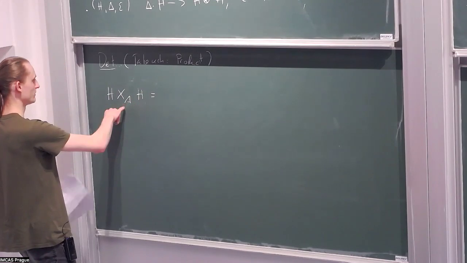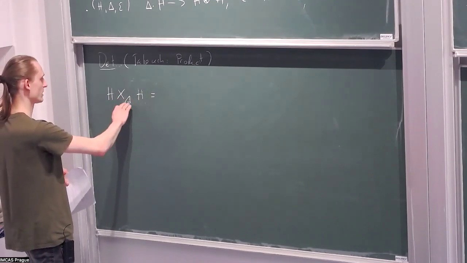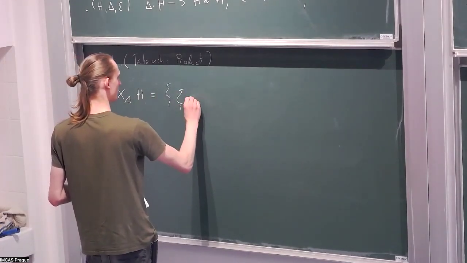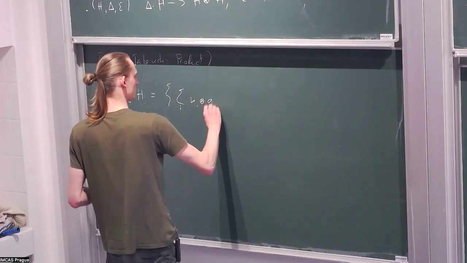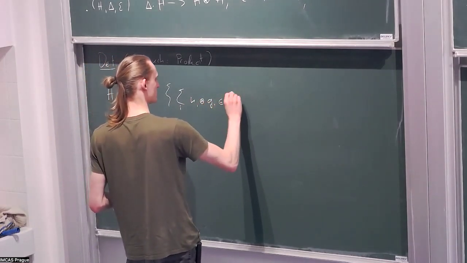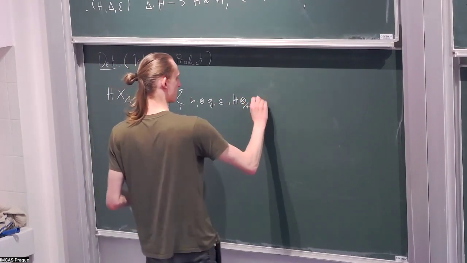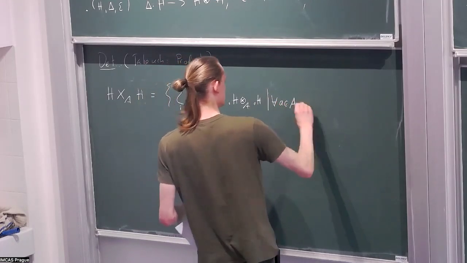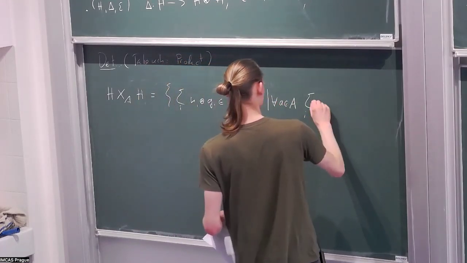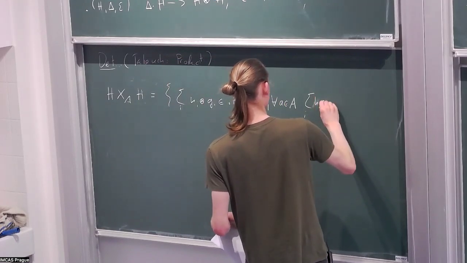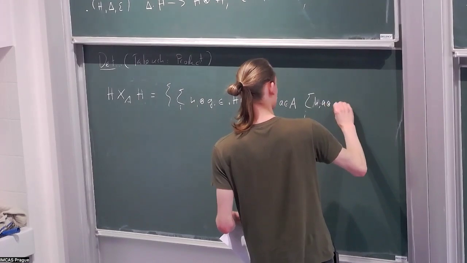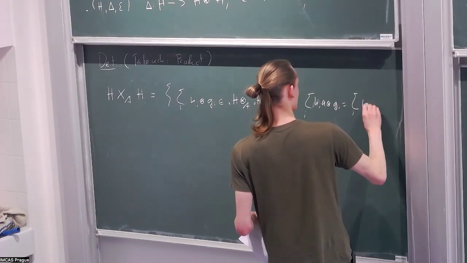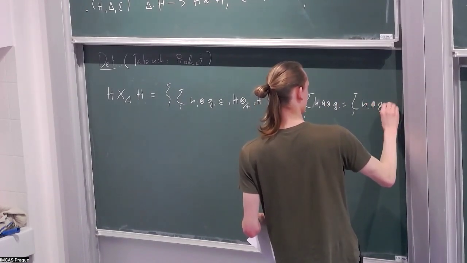It's denoted by this, A times subscript A H. And this is all the elements sum over i of h_i tensor g_i in this balanced tensor product, such that when I take any a in A, I can bring it across. So sum over i of h_i a tensor g_i is the same as sum over i of h_i tensor g_i a.